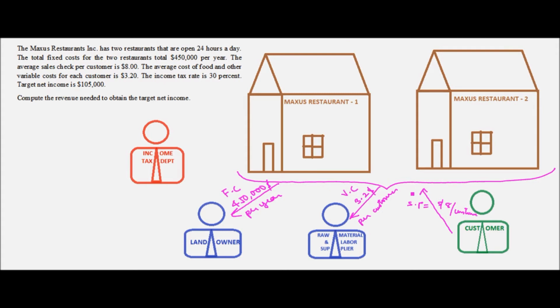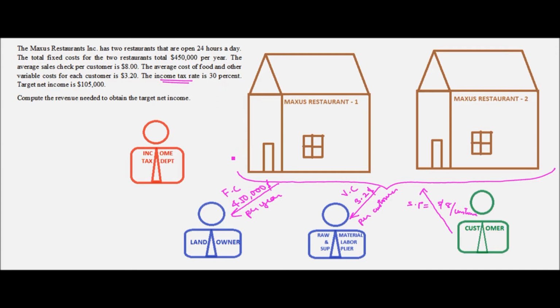So here we have the source of revenue as the incoming funds from the customer, and the outgoing funds are the cost, which is the fixed cost and the variable cost, and the difference between the two will be our income, and on that income we have to pay income tax. Now the rate of income tax is 30%.